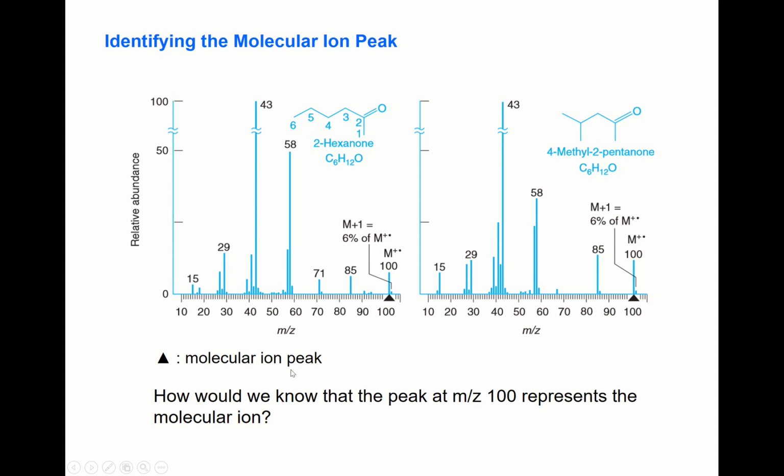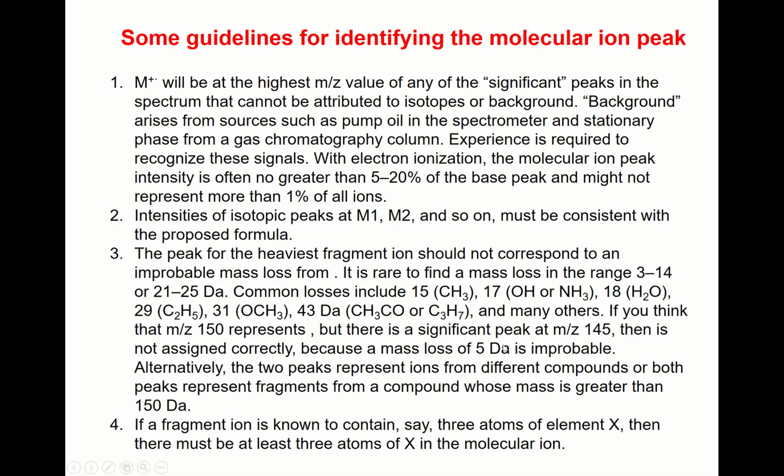Okay, but the question is, how would we know that peak at MZ 100 here? Okay, but this one is a small peak next to this big one, the molecular peak plus one. Okay, this 100 represents the molecular ion. Yeah, that's the question. Yeah, here are some guidelines for identifying the molecular ion peak.